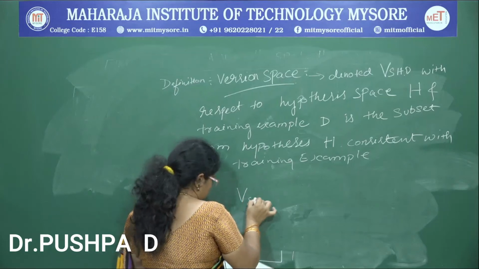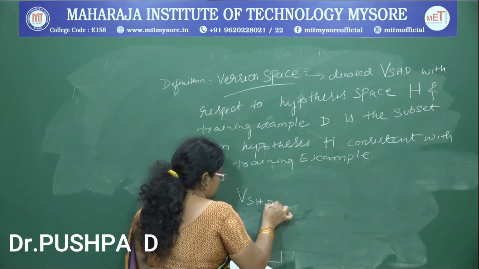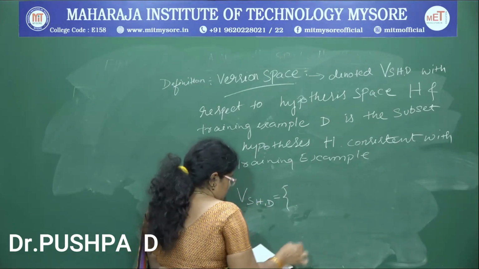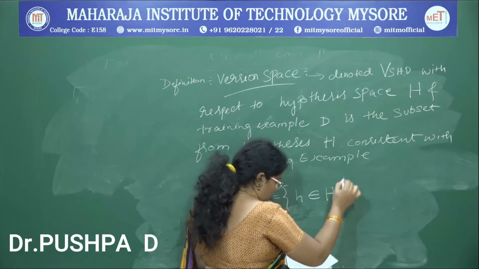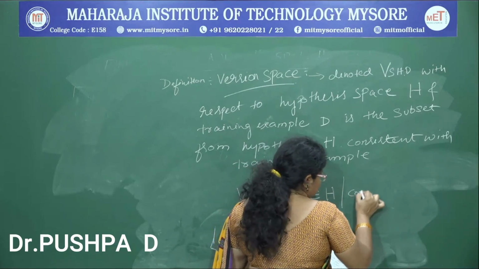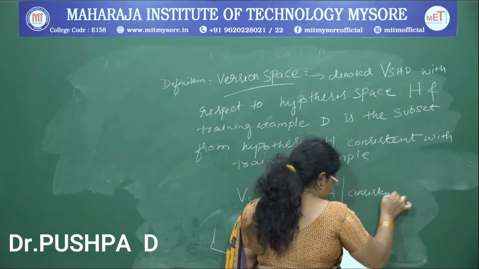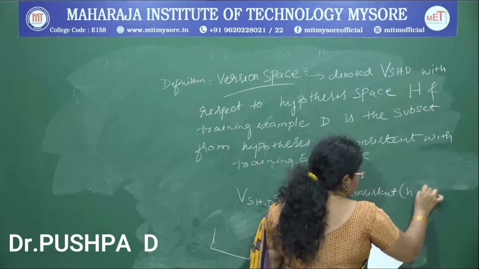So, version space can be represented symbolically as VS_{H,D} = {h belongs to H | Consistent(h, D)}.